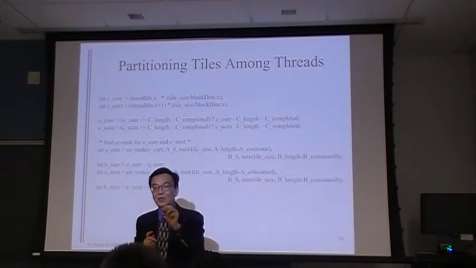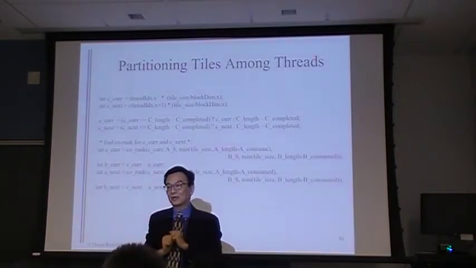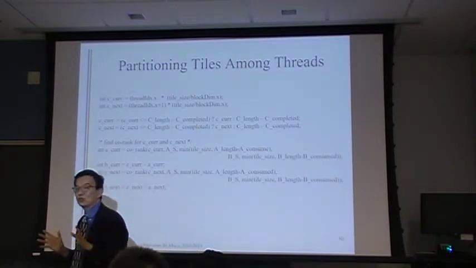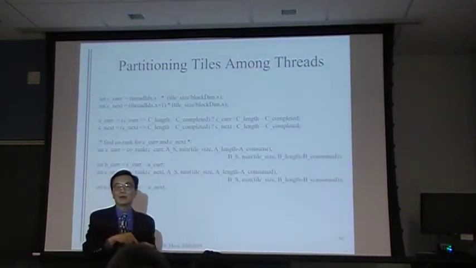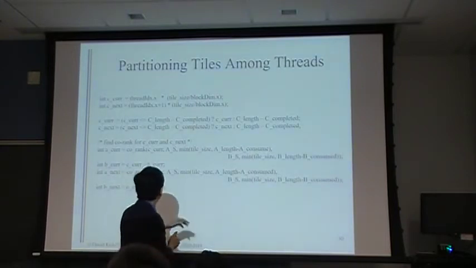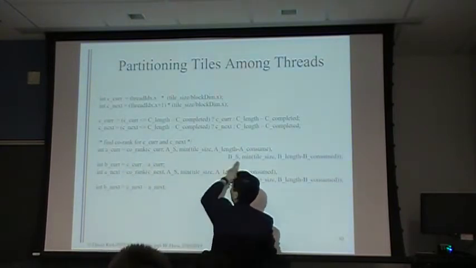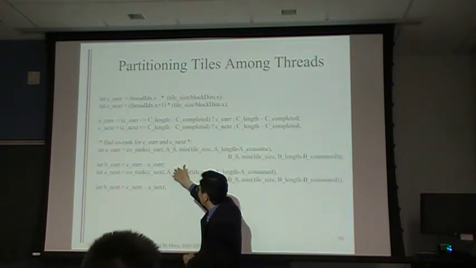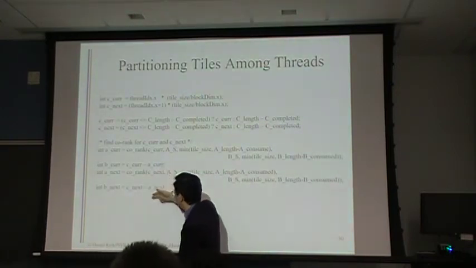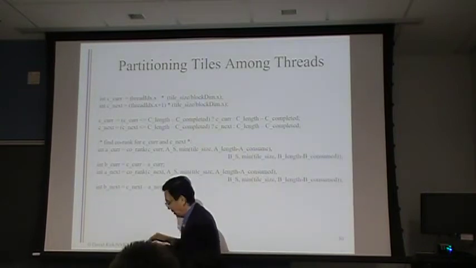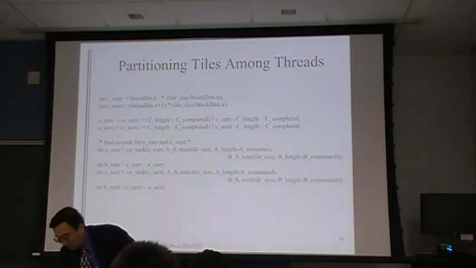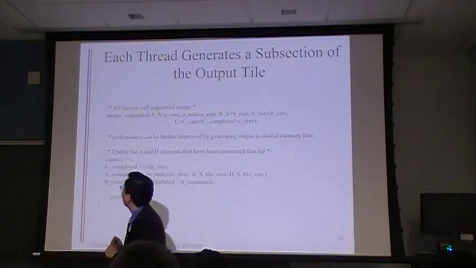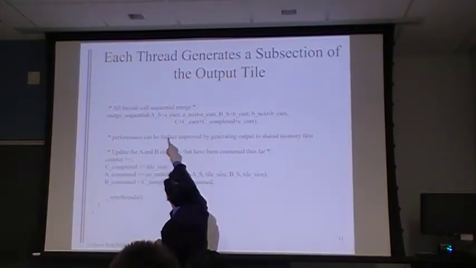That calculation is done in the shared memory now, right? So the vast majority of the co-rank functions will be done in the shared memory. And so you find the co-rank function, and then you find all these section beginning and end pointers pointing into the shared memory, and then you do a merge sequential sort.